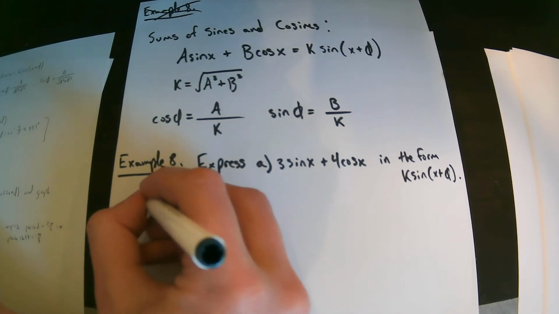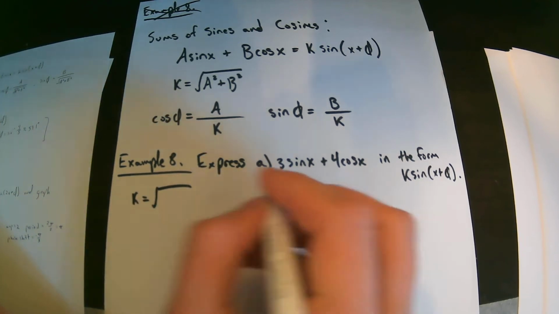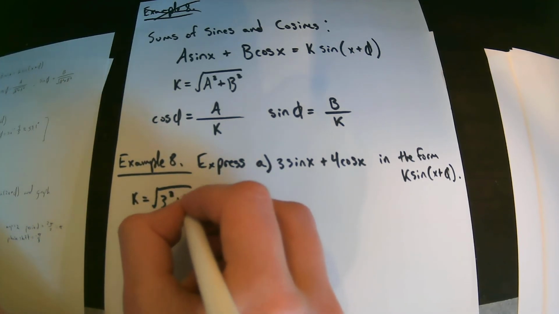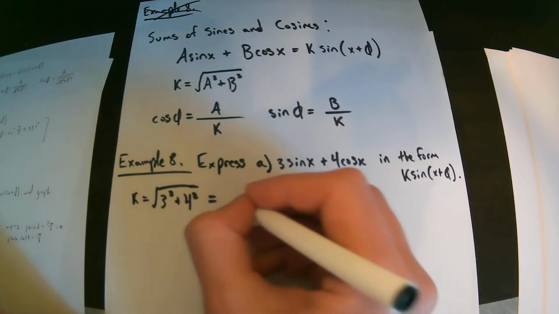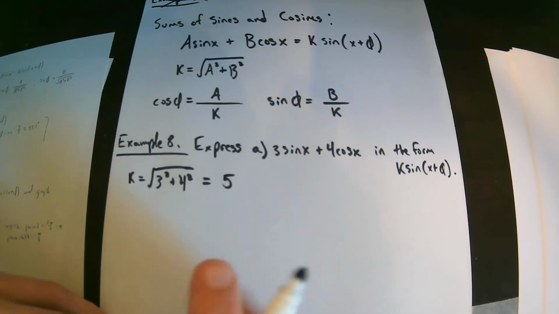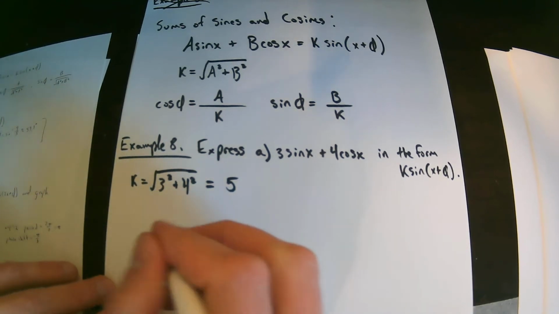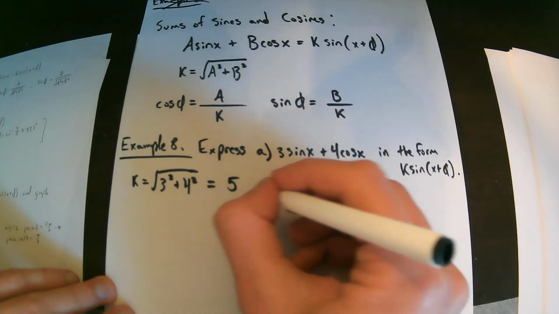Well, k is going to be equal to the square root of 3 squared plus 4 squared, which is a pretty common relationship, and we're just going to get 5 there. So k is 5. Now we need to find phi.